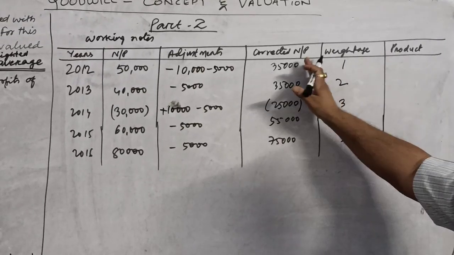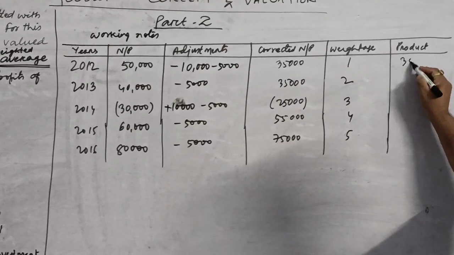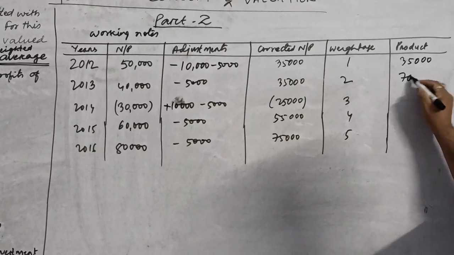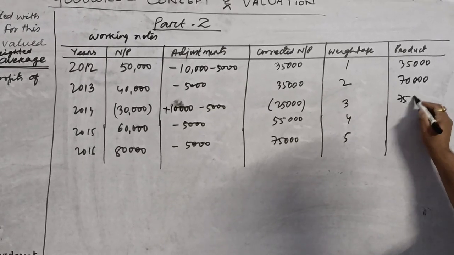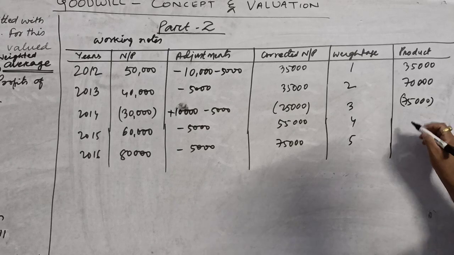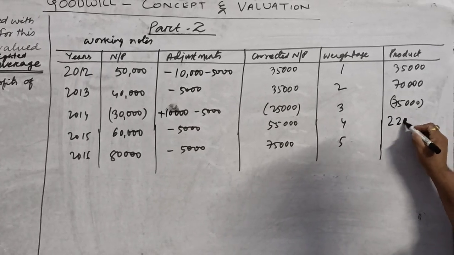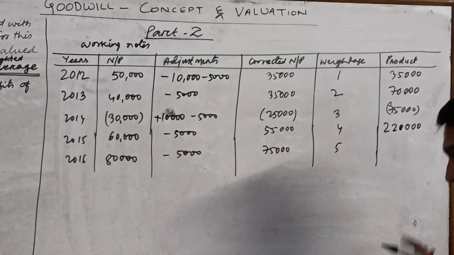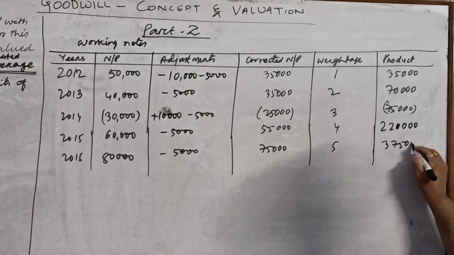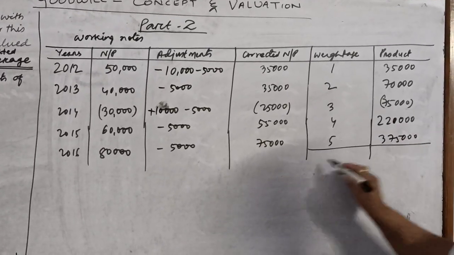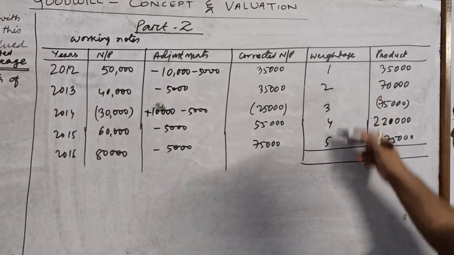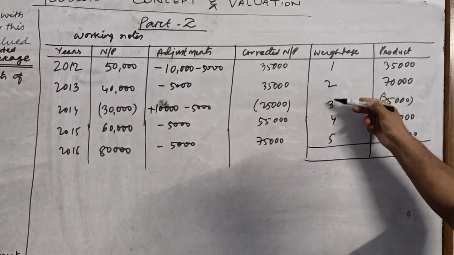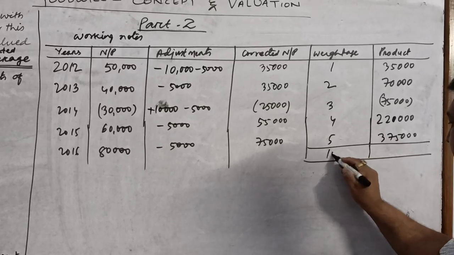The product can be found by multiplying these two: 35,000, 70,000, minus 75,000, plus 2,20,000, and 75,000 is 3,75,000. Now we are supposed to find out the total of these two columns. If you add 1 plus 2 plus 3, 6, 4, 10, 5, 15.